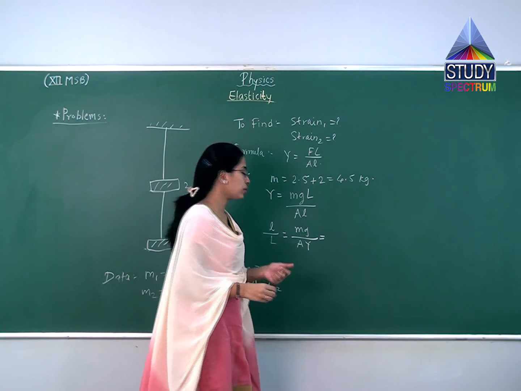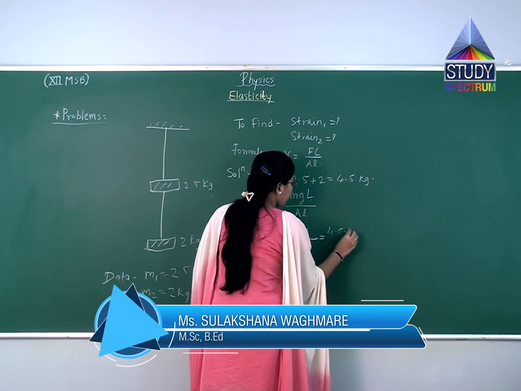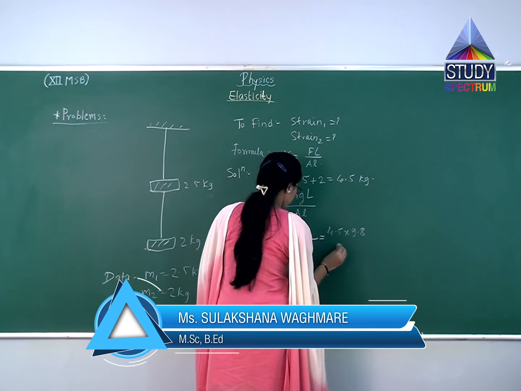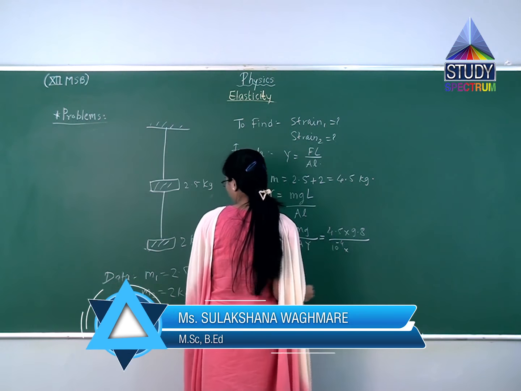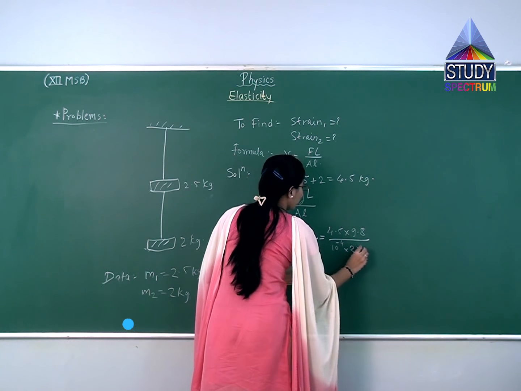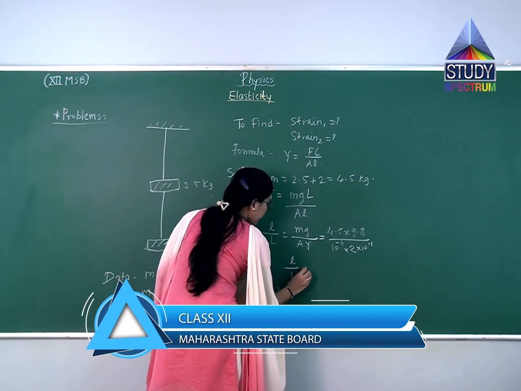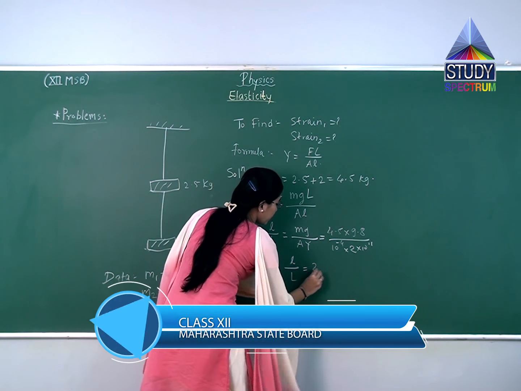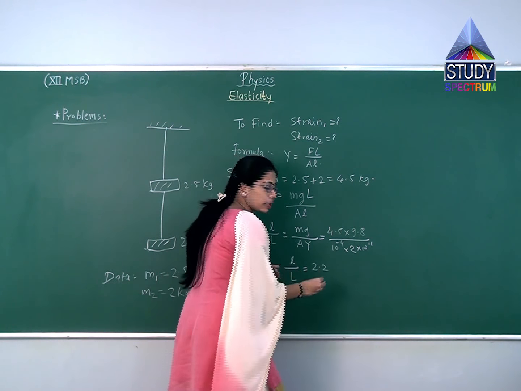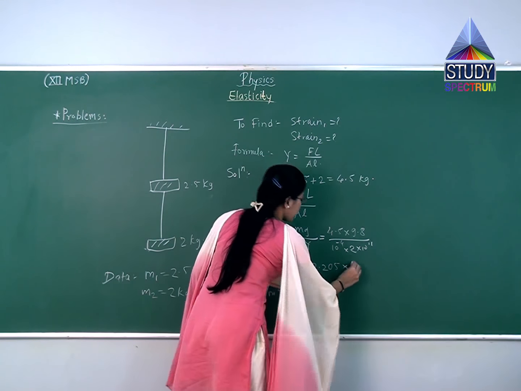So let us substitute the values. My m is 4.5, g is 9.8, area is 10⁻⁴, and Y value is 2 into 10¹¹. So on calculation you will get the first strain as 2.205 into 10⁻⁶.